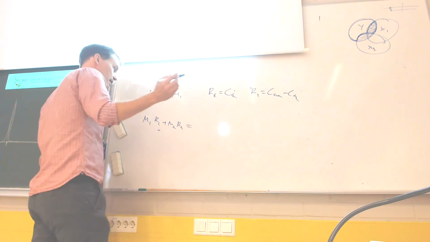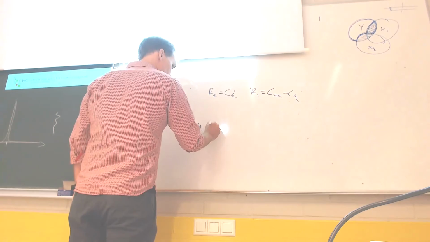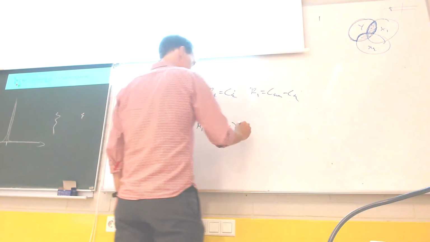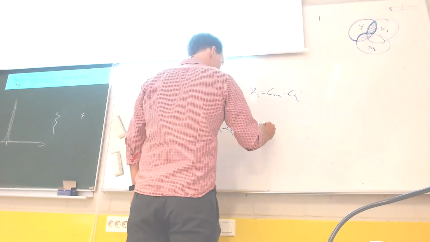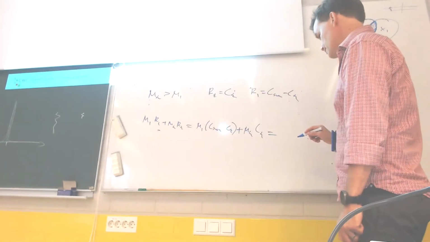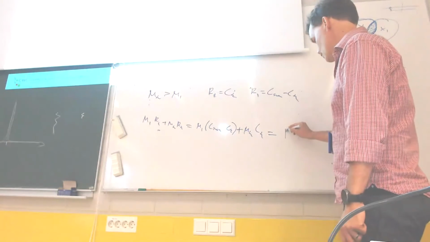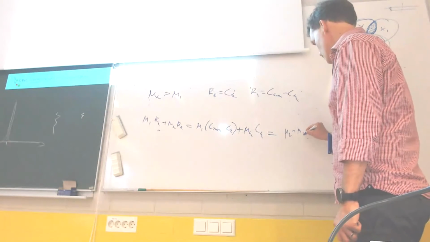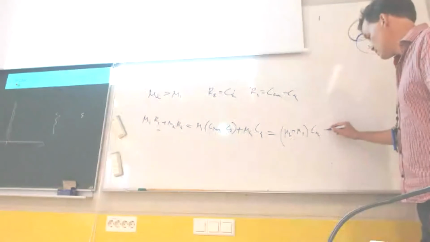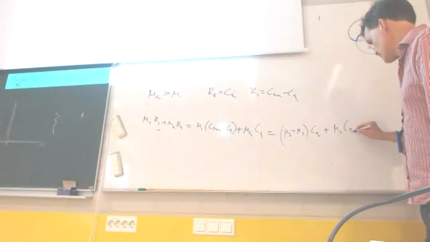In this case it would be mu1 times C sum minus C2 plus mu2 C2, which is equivalent to mu2 minus mu1 times C2 plus mu1 times C sum.